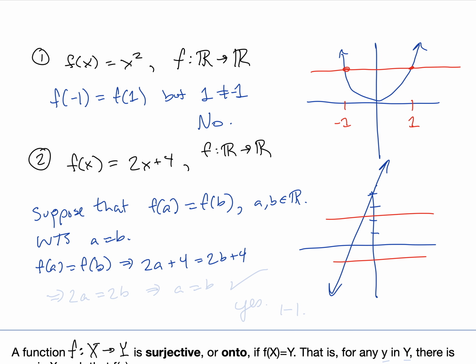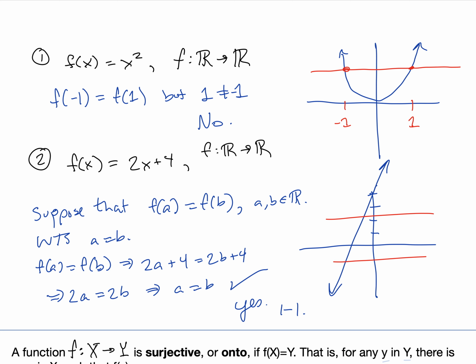That's the definition of this function. And so therefore, we could subtract 4 from both sides. 2a equals 2b, and therefore a is equal to b. So we have shown that if the outputs are equal, then the inputs must be equal, and therefore this is a one-to-one function. So yes, this is injective or one-to-one.